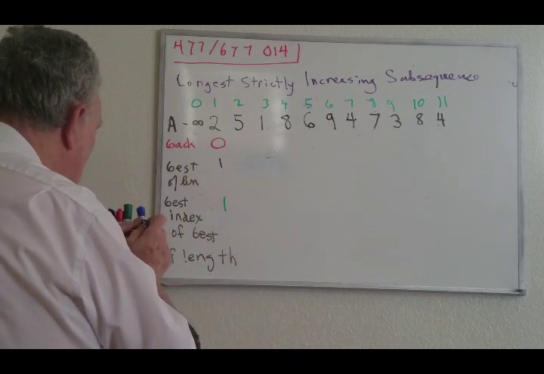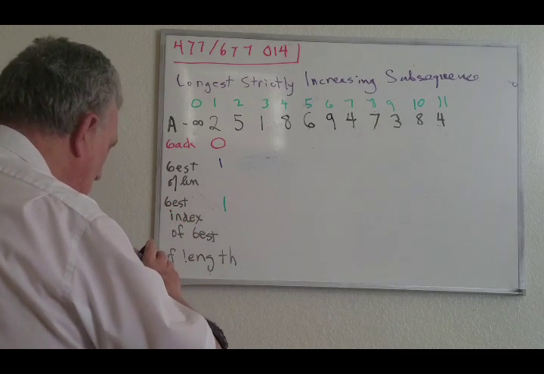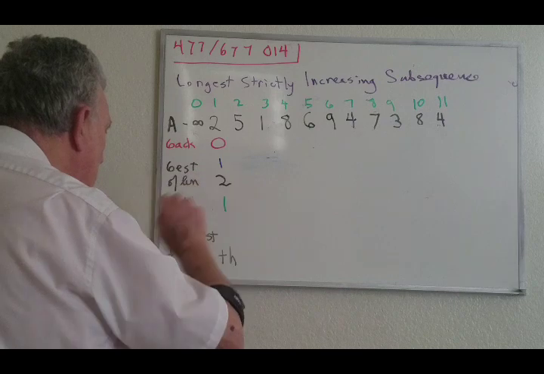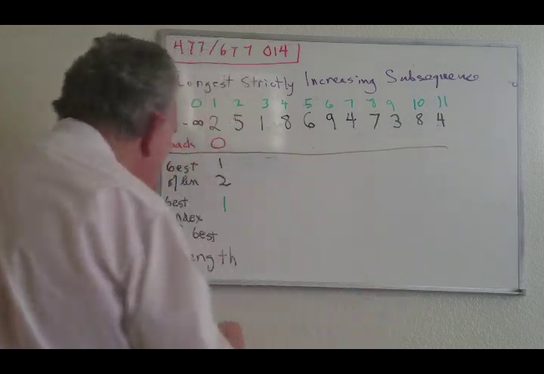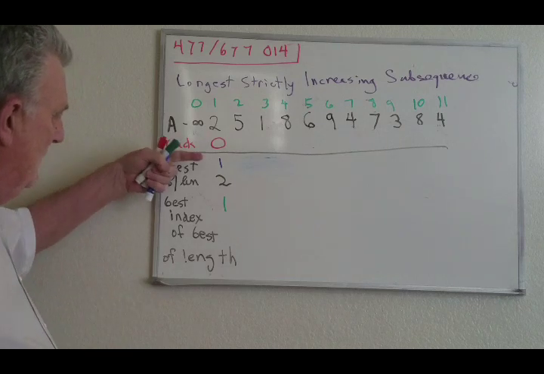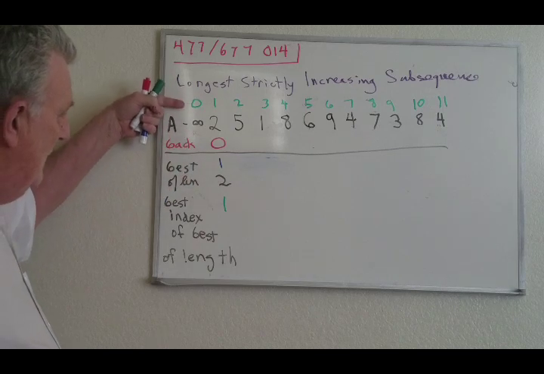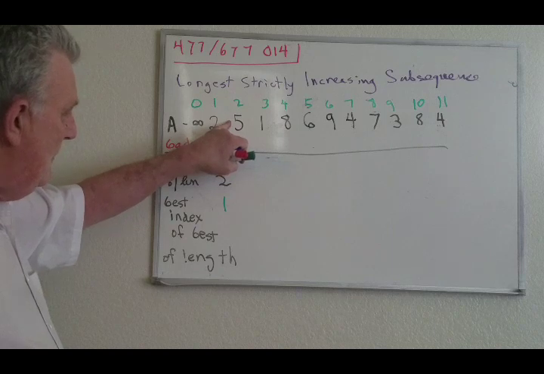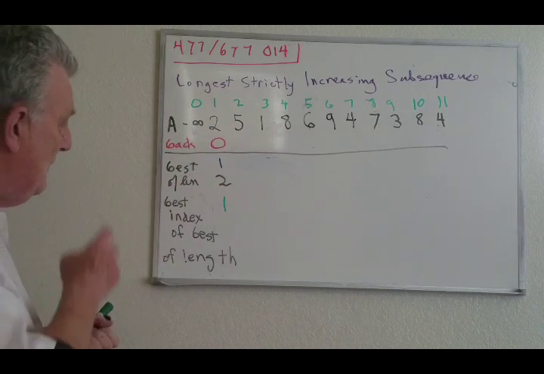So the best of length 1 is the 2. All right, now we're going to draw a horizontal line here, because for the arrays down here, these indices here are the blue indices, and these are the green indices for these two arrays, the initial array and the back array, the back pointers.